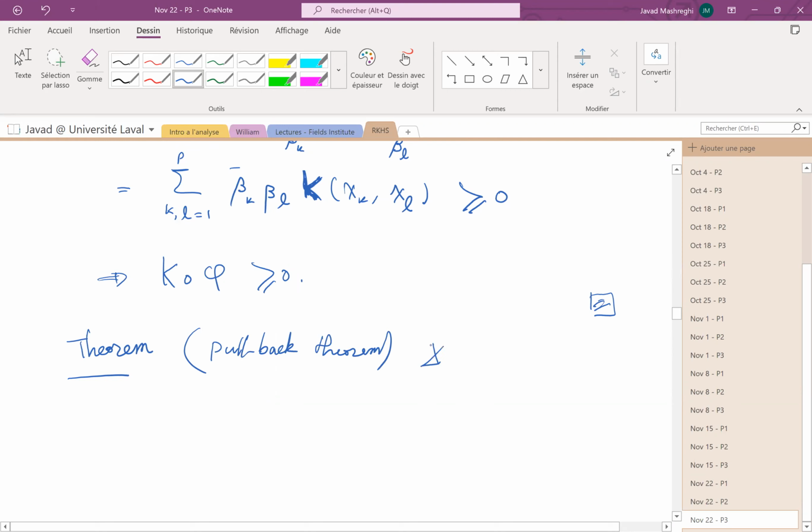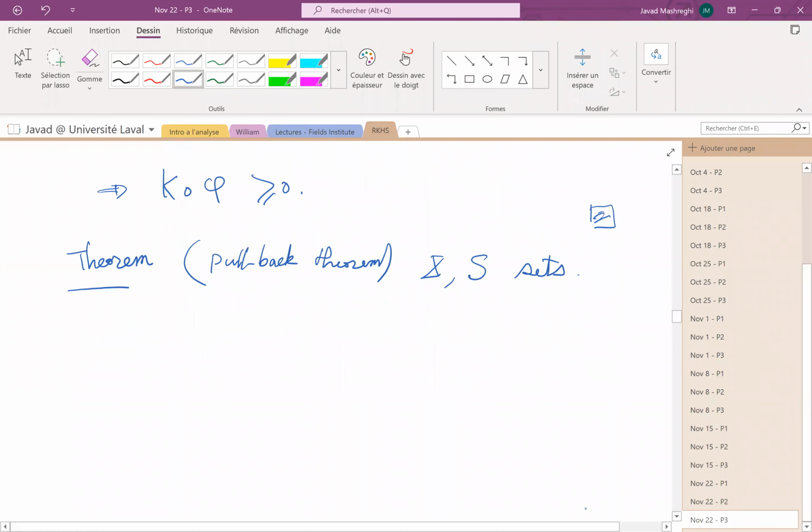We have, as before, X and S sets, not necessarily one a subset of the other, but we have a phi which is defined from S to X, any function, and K is a kernel on the second one.